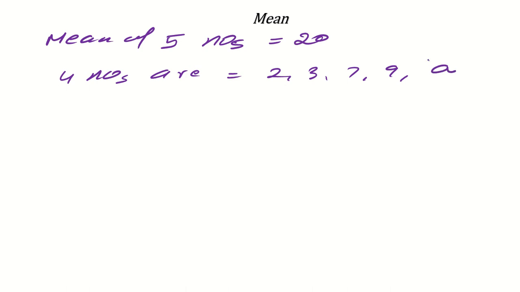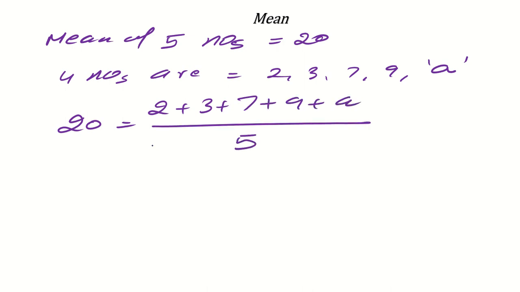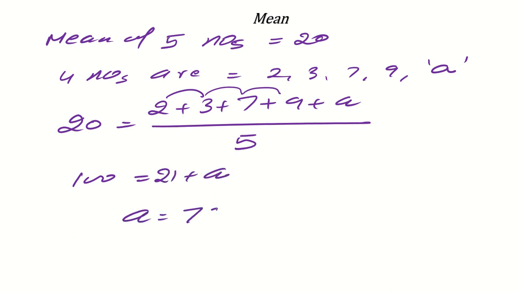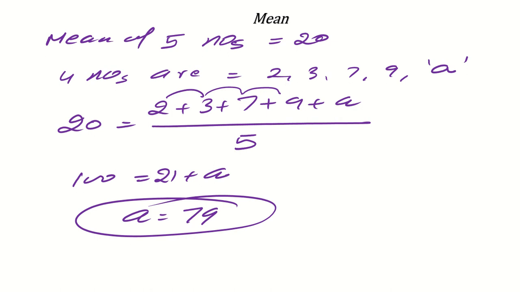So the missing number I am taking as A. So what you will have here? 20 is equal to 2 plus 3 plus 7 plus 9 plus A, divided by 5, because a total of 5 numbers are there. Now 20 multiplied by 5, 100 is equal to 2 plus 3 is 5, 5 plus 7 is 12, 12 plus 9 is 21, 21 plus A. So A is equal to 79. This will be the answer. Like this you can do this question also.